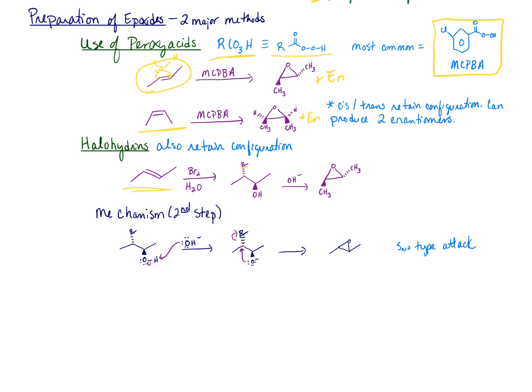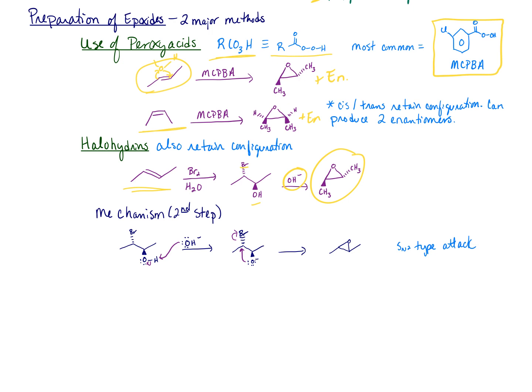So these are anti to one another. Actually, they're anti-periplanar for that matter. And then we have an OH base that comes in. You do need to use a strong base there, and that's how we get our epoxides. If you were to start with a cis alkene, you would again get a cis epoxide.